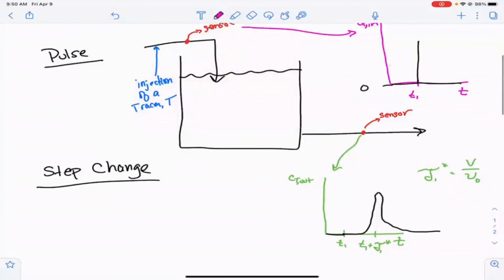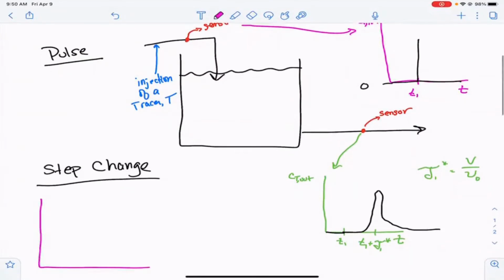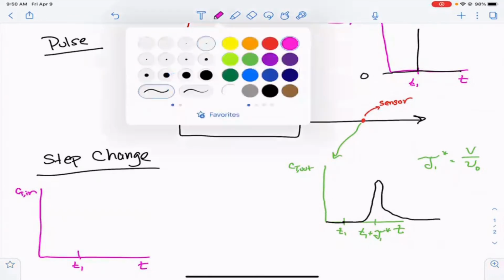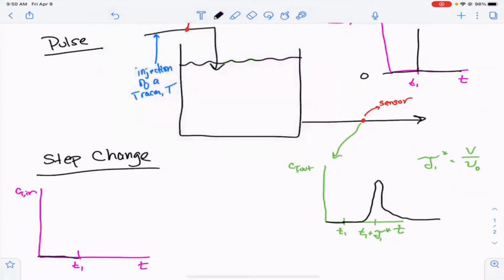So let's say we did the exact same thing at both sensors, or we took a step change and we measured what was happening at both sensors. Now, as a function of time, we have the concentration of the tracer in, and at some time equal to T1, right? We start at 0 and we go to some concentration, okay?